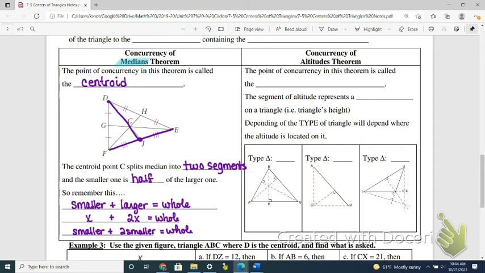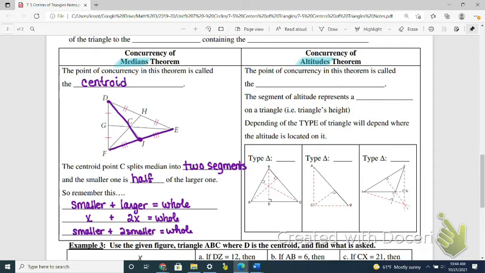The point of concurrency of the altitudes. Just remember, altitudes are the perpendicular lines from the vertex to the opposite side, and we're going to use rulers for this, or an index card, because all I need is to be able to draw perpendicular lines.